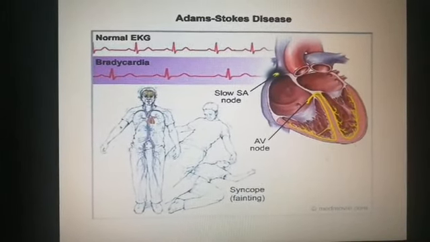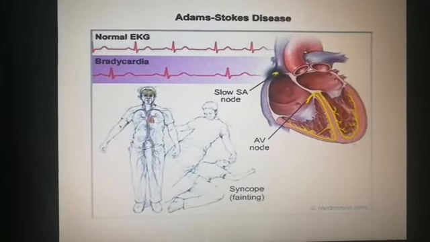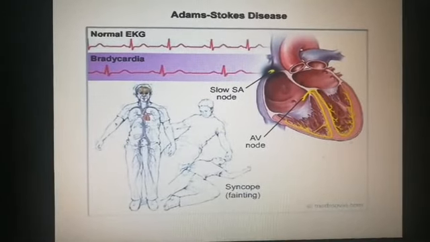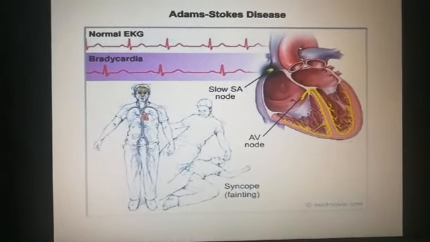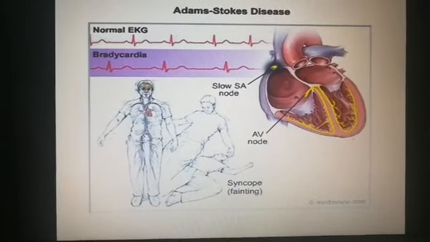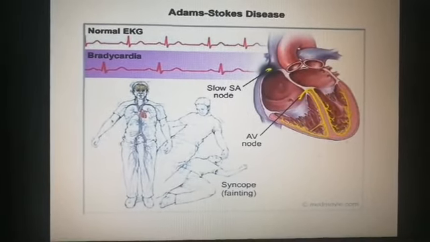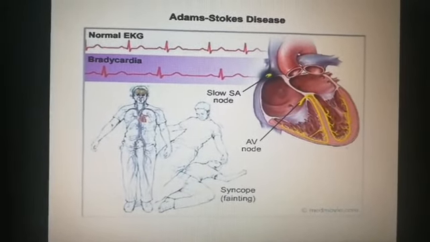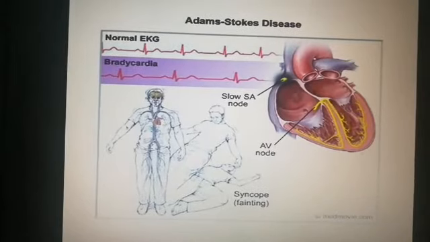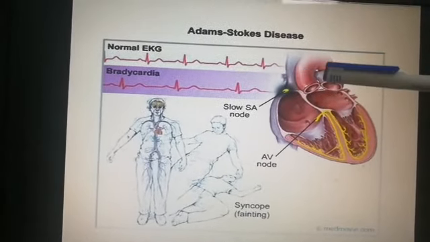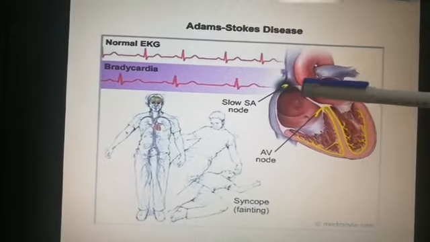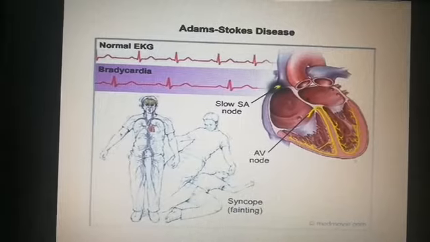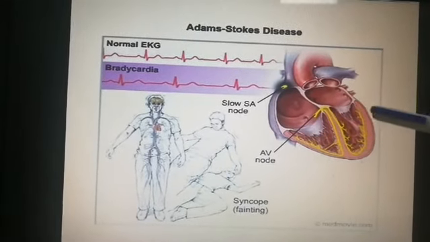Stokes-Adams syndrome: you can see here normal ECG, but here is bradycardia, slowing down. When there is overdrive suppression, then there is a slowdown of the heart rate. You can see in the picture here SA node, here AV node, and you can see there is no connection between SA node and AV node. Current flows from here, bundle of His, then Purkinje fibers.